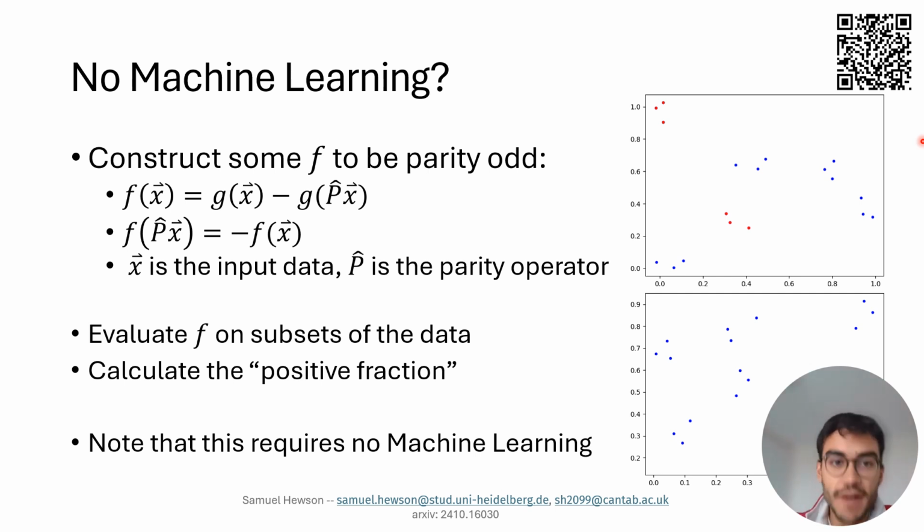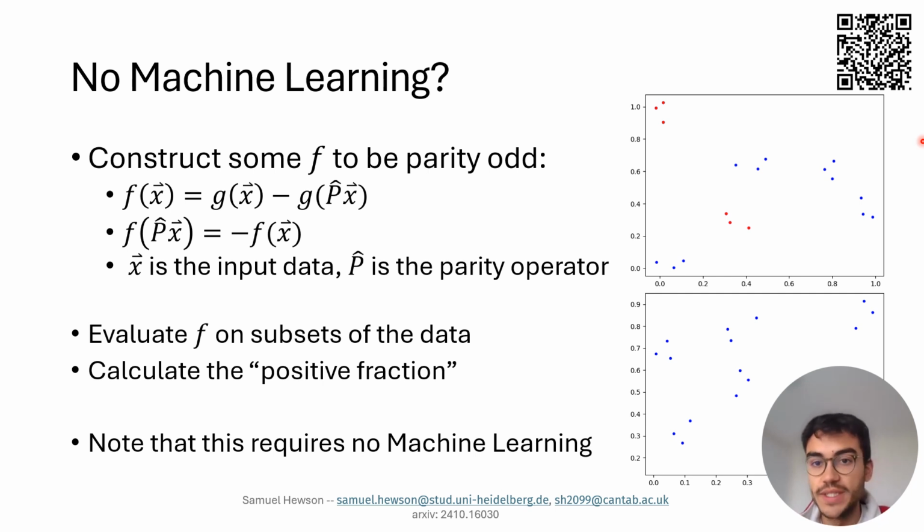When we then evaluate f on our testing data, it will return either positive or negative values, and these values directly correlate to the handedness that the system is associating to a given input. So, for example, positive may correlate with what it sees as left-handed, negative with right-handed.